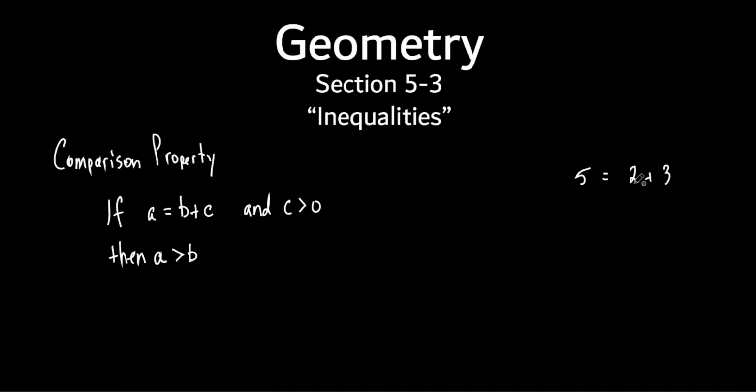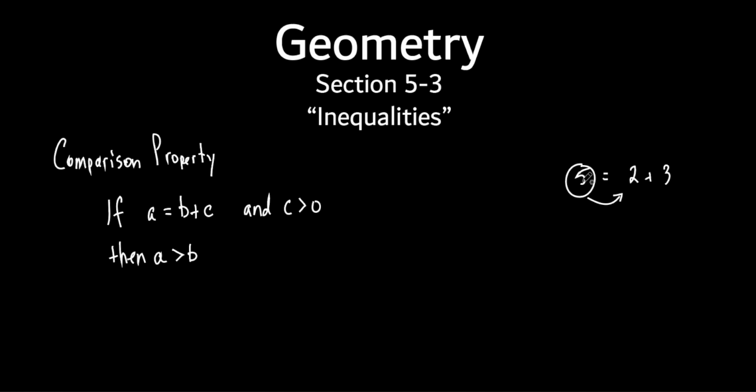All right, so compare this to this. This is always going to be what? Bigger than this. Would you agree? As long as C is not 0 and as long as C is not negative, right? If I add two numbers together, the sum of those numbers has to be bigger than either one of these numbers. Would you agree?